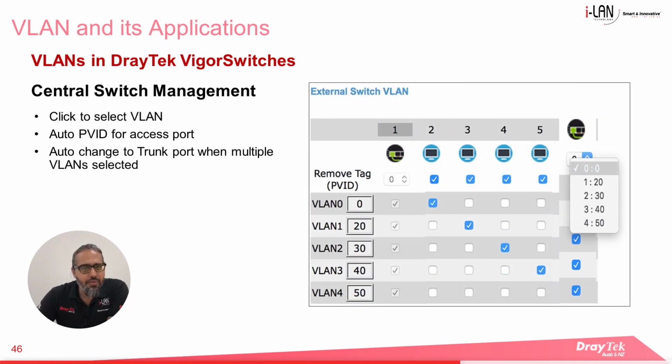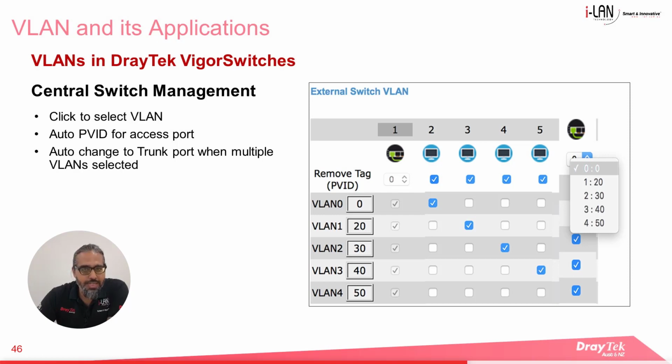Here we have a screenshot of one of the configuration pages. The VLAN configuration is quick and easy by using the graphical user interface. With a few mouse clicks, VLANs can be assigned to switch ports, and it'll also update the router VLAN configuration.